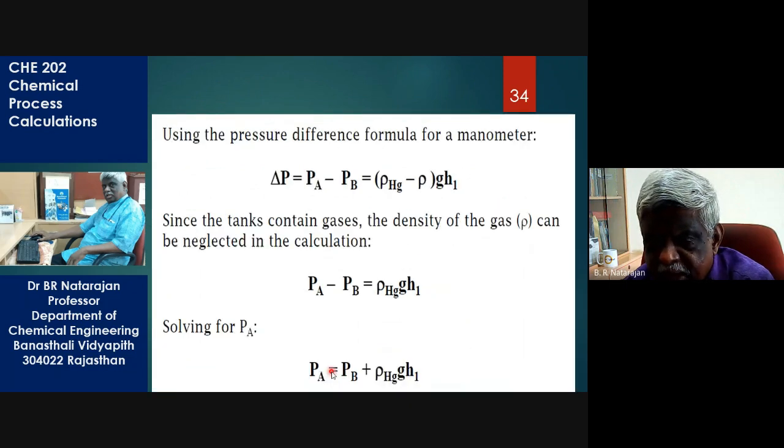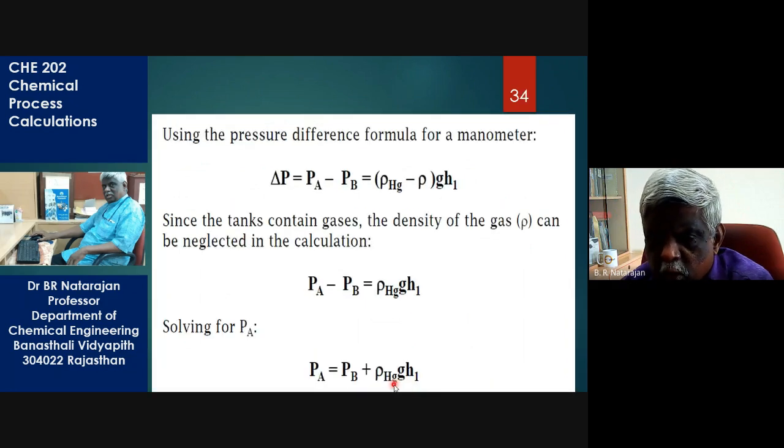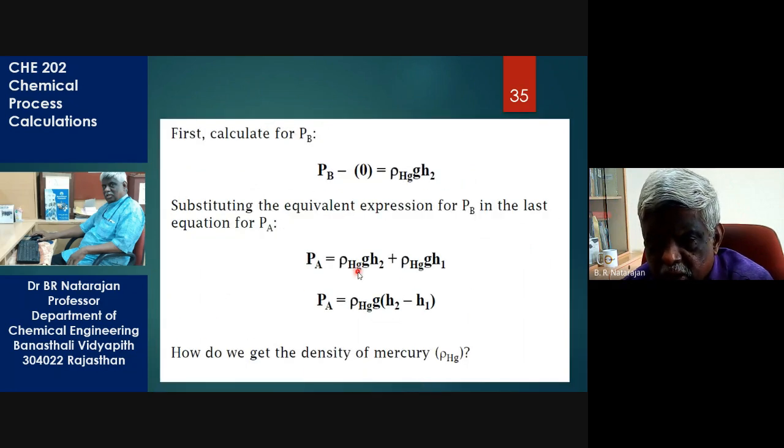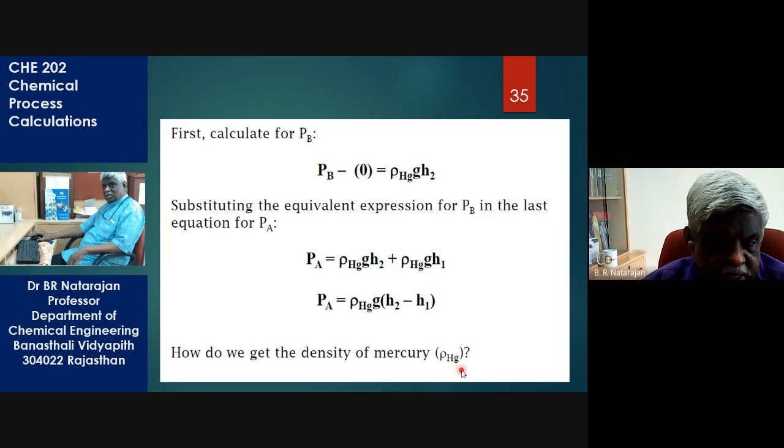So my PA becomes rho Hg g h2 plus the rho Hg g h1 that is already there. Rho Hg and g are common to both, so PA is rho Hg g into (h2 minus h1). How do we get the density of mercury? You can find it from the catalog.